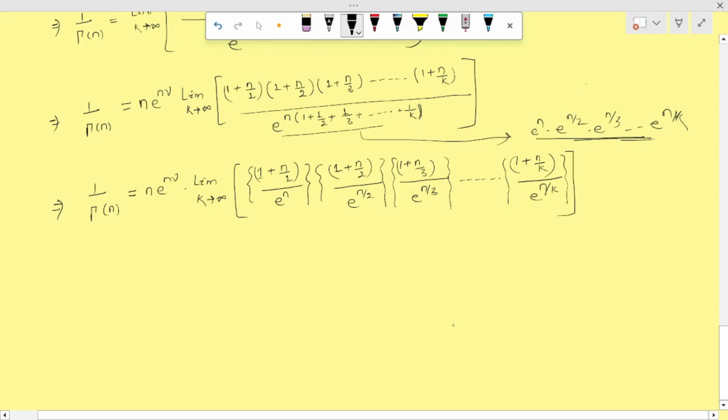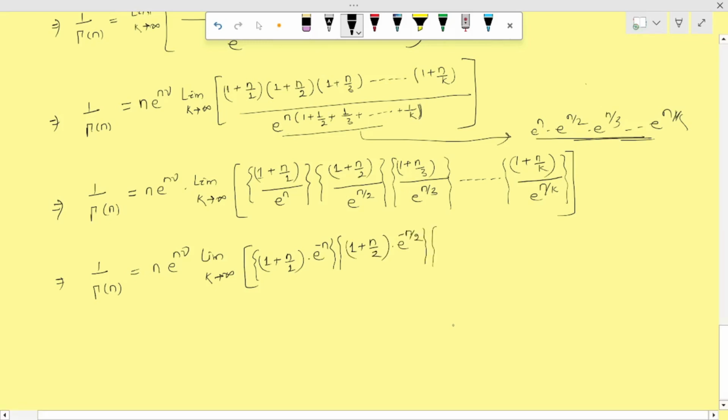Now that implies 1 by gamma n can be written as n e to the power nγ, limit k tends to infinity. Here 1 plus n by 1 into, you can see e to the power n in the denominator. If I write it in the numerator, it will be e to the power minus n. Likewise, e to the n by 2 will move to the numerator, meaning it will be e to the minus n by 2. So 1 plus n by 2 into e to the minus n by 2, right?